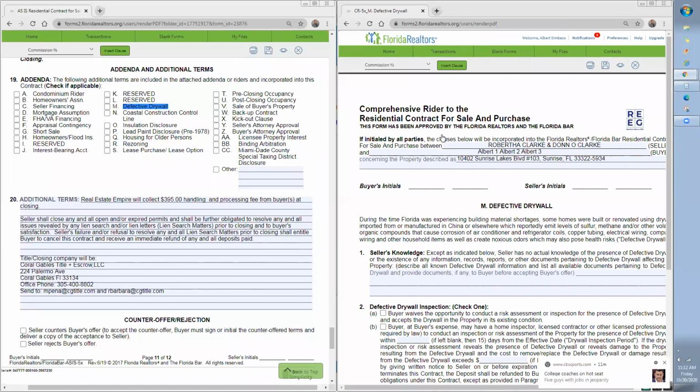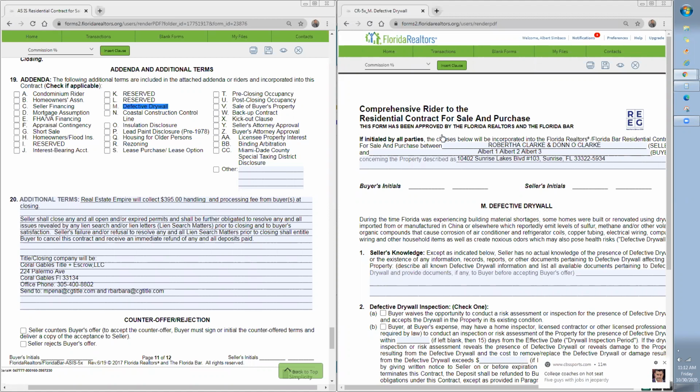So if you're ever putting in an offer for a property, a house or a townhouse or a condo that was built between the years 2000 and 2006, this addendum needs to go with the offer.